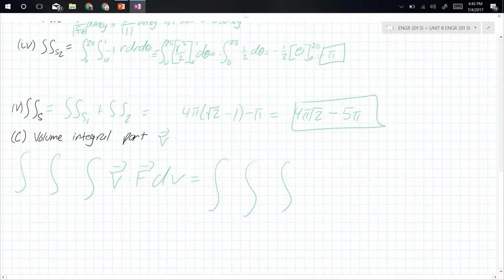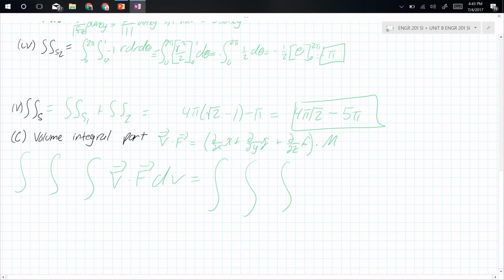I don't want to put it down here because it limits my work. So it'd be equal to the partial with respect to x, i, plus partial with respect to y, j, plus partial with respect to z, k.